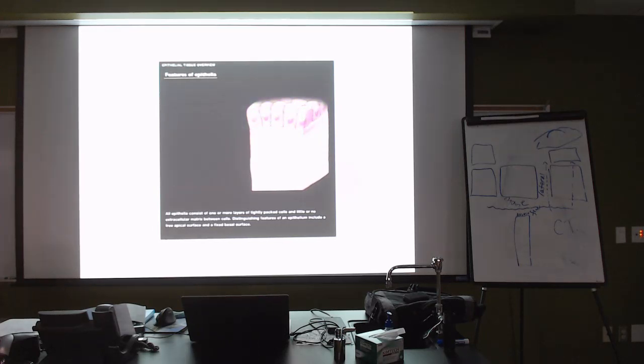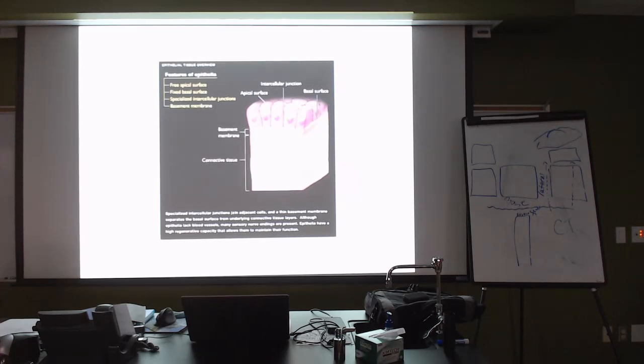Distinguishing features of an epithelium include a free apical surface and a fixed basal surface. Specialized intercellular junctions join adjacent cells, and a thin basement membrane separates the basal surface from underlying connective tissue layers. Although epithelia lack blood vessels, many sensory nerve endings are present.